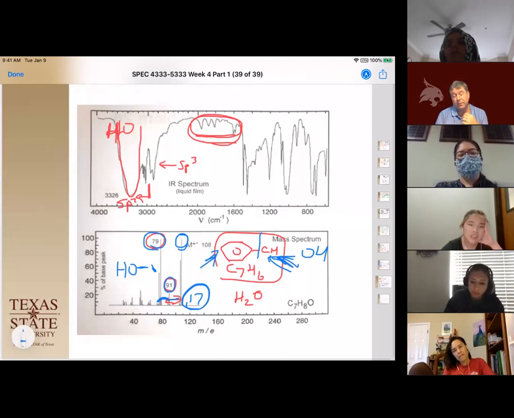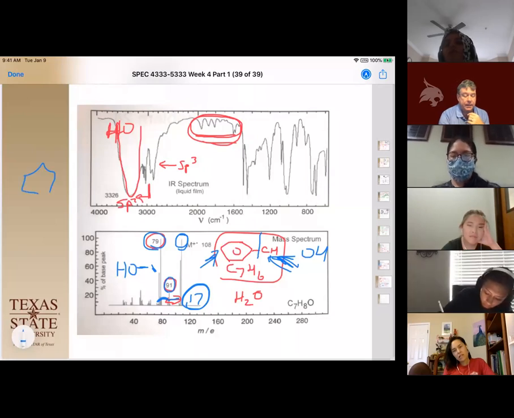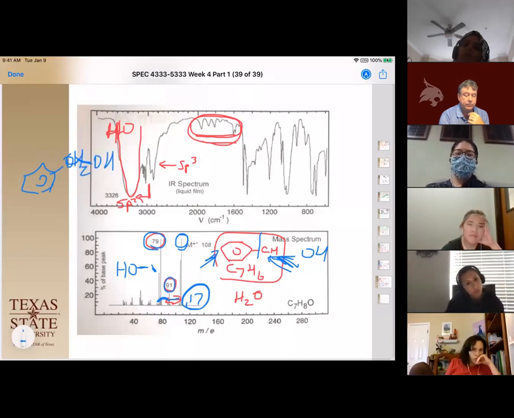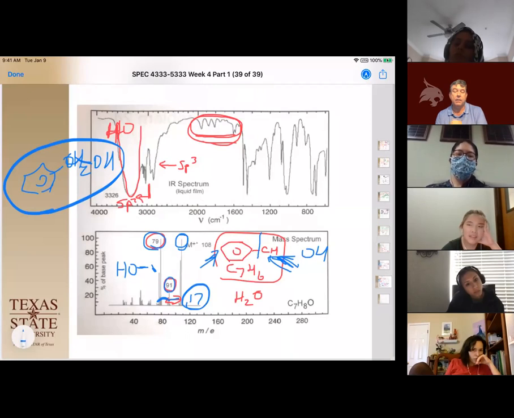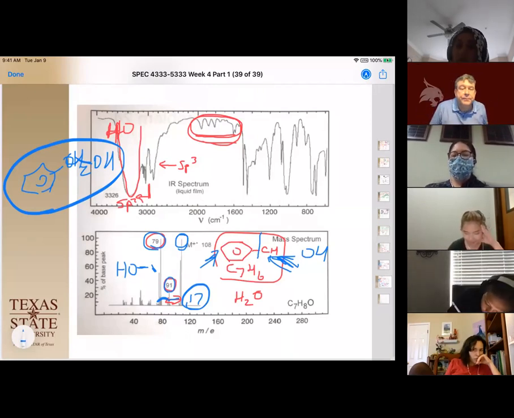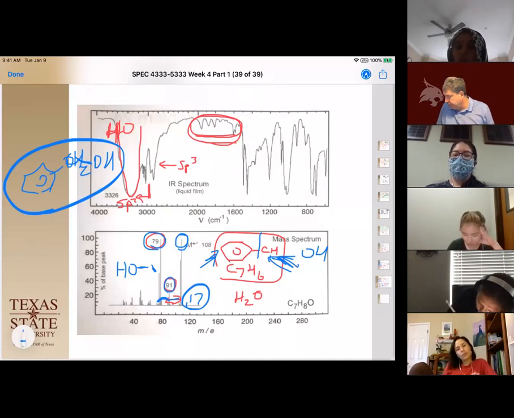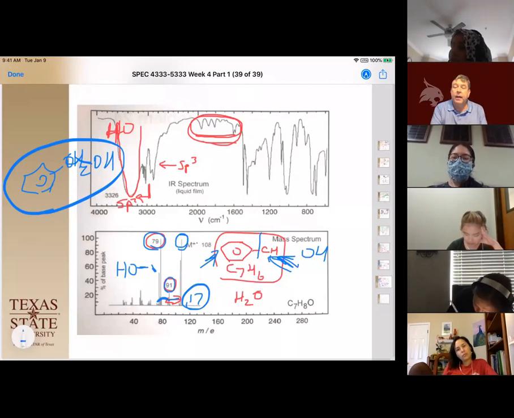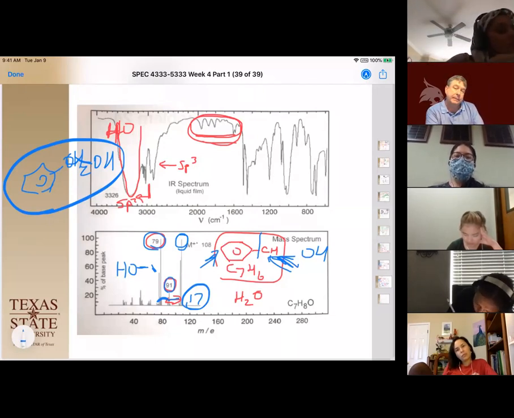But I don't know, it could be either one. If I had to guess, I would say it's going to be CH2OH on here. I would call it the benzoic alcohol. OH is strong. Is the OH shifted because of phenol? Yes.